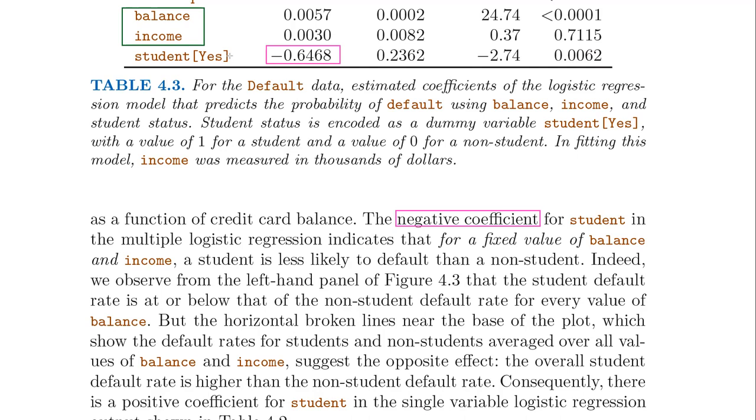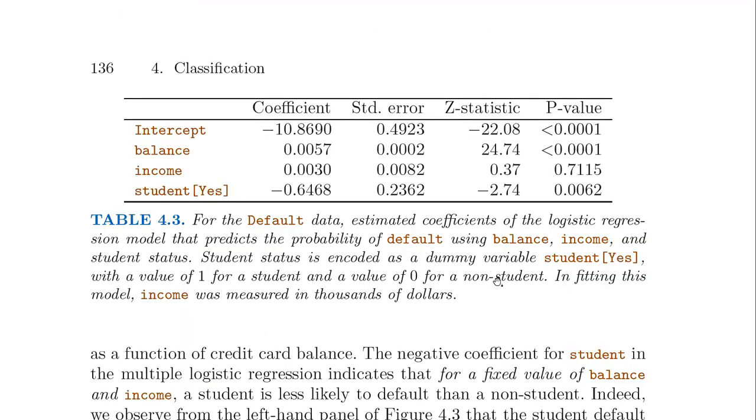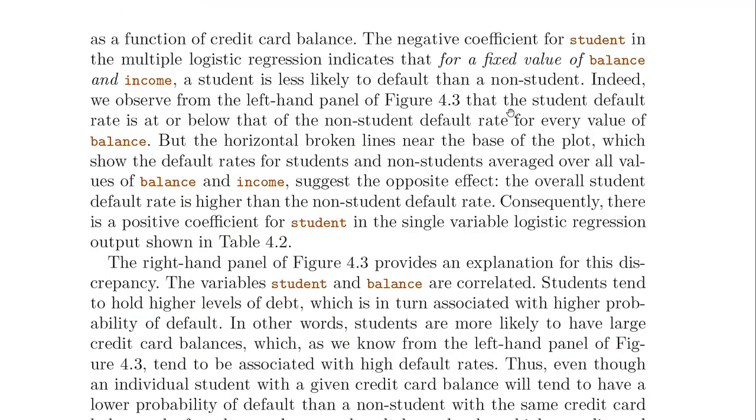By specific, I mean fixed. Indeed, we observe from the left-hand panel of figure 4.3 that the student default rate is at or below that of the non-student default rate for every value of balance.